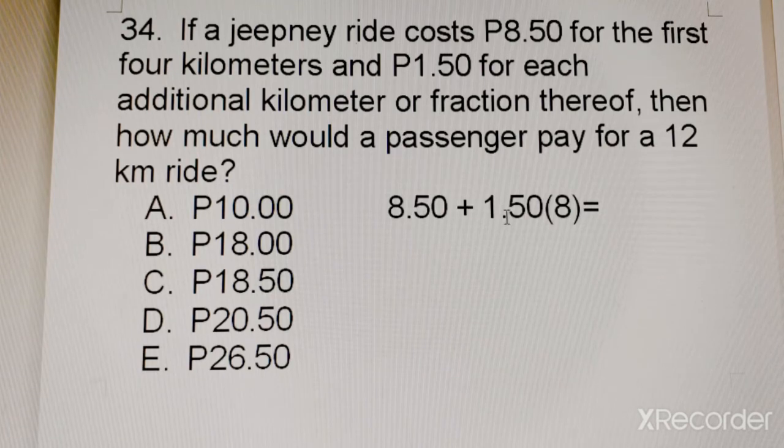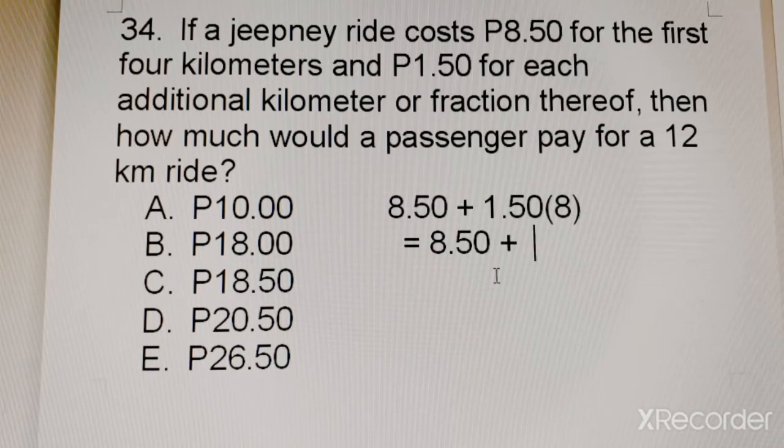So 850 plus 150 times 8. So this is equal to 850 plus 8 times 1.5 is 12. Since 1 times 8 is 8, and then half of 8, which is 0.5, is 4.